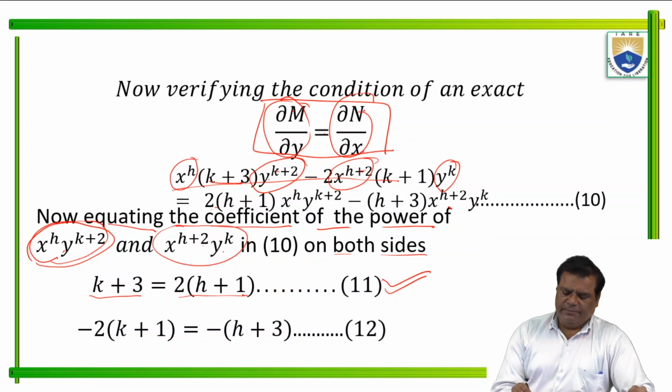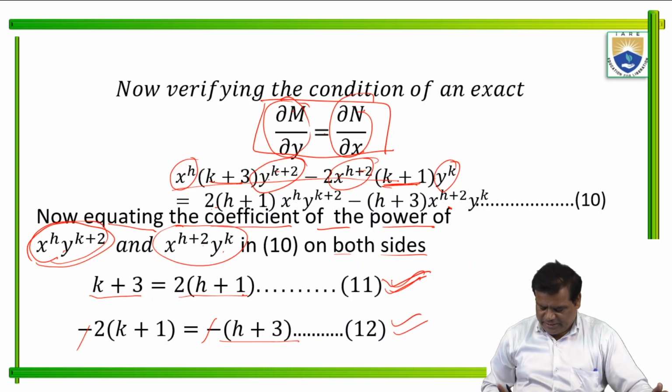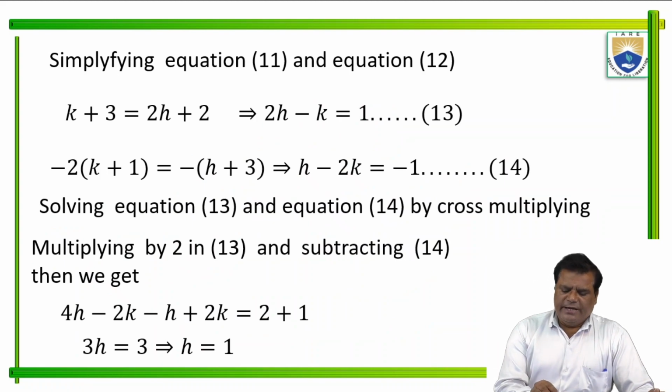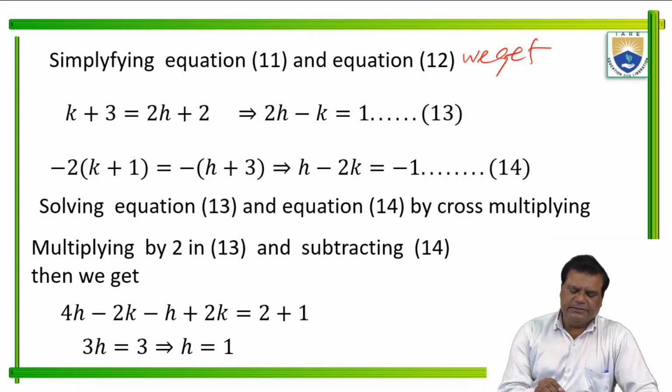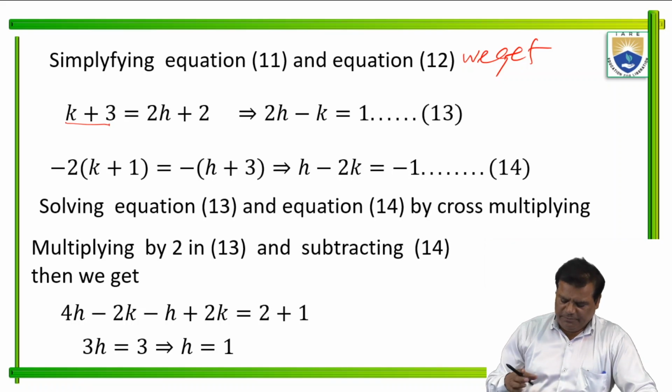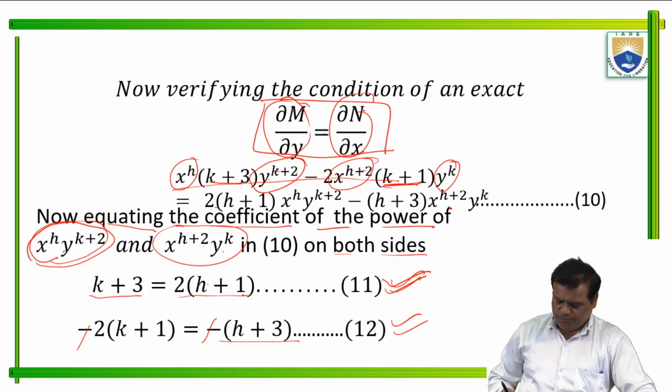Next, minus 2(k plus 1) equal to minus (h plus 3). So minus minus is cancelled. With the help of equations 11 and 12, solving them, we find the value of h and k. Simplifying equation 11: k plus 3 equal to 2h plus 2.